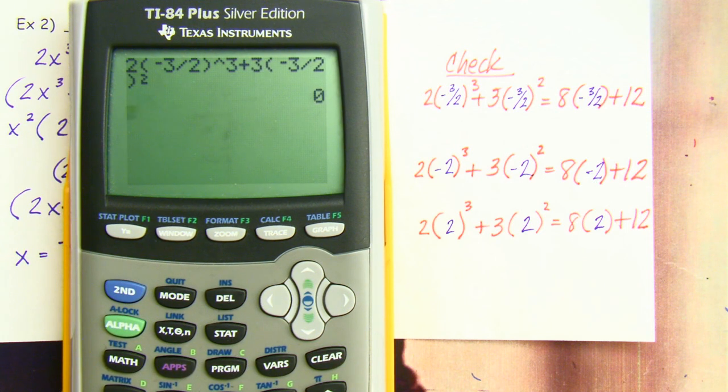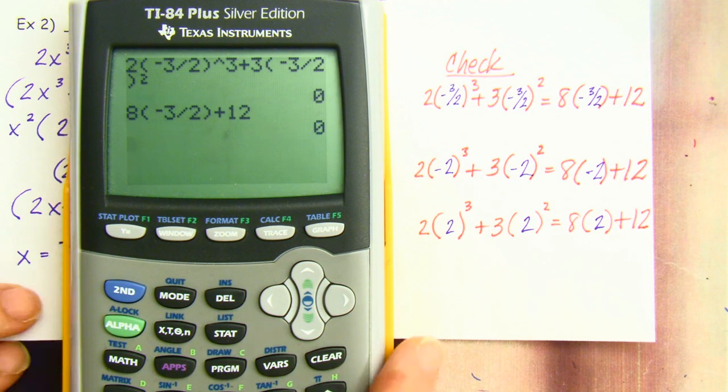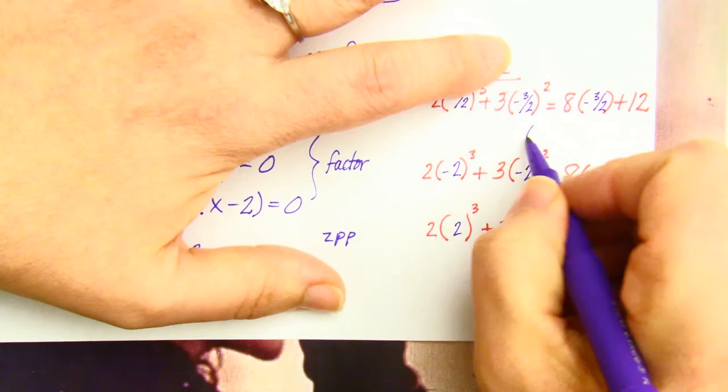Oh, I got 0. Nice. Other side, 8, parenthesis, negative 3 divided by 2, close it, plus 12. That also equals 0. So it works. 0 equals 0.